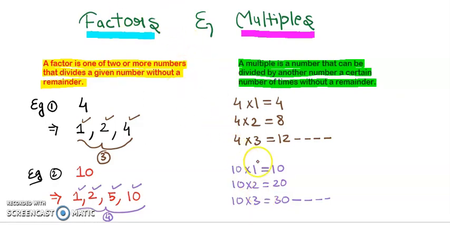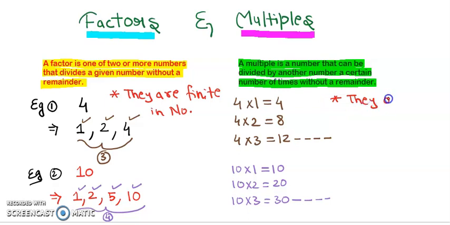But the most important thing that has to be noted properly, and you should remember it also, is that factors are finite in number. I am talking about factors. But multiples are infinite in number.